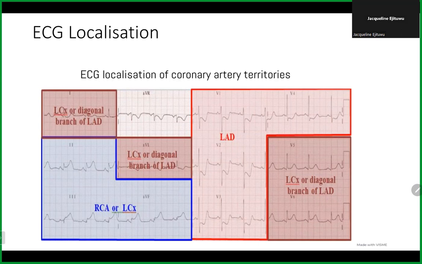But in some individuals, the left circumflex artery is the main artery supplying the inferior leads. So whenever we have changes in the inferior leads, it's either of those two arteries that is involved, either the right coronary artery or the left circumflex artery.